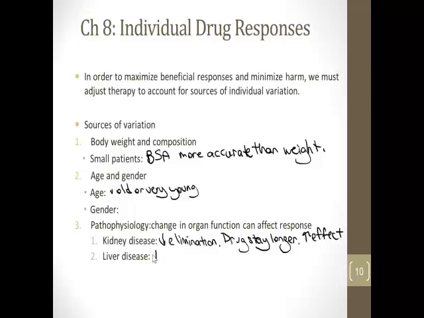If a person has liver disease, it decreases metabolism, so the drug can stay longer in its unchanged active form, and it can increase the effect. The suggestion with both of these is to reduce the dose of the drug to account for those changes.